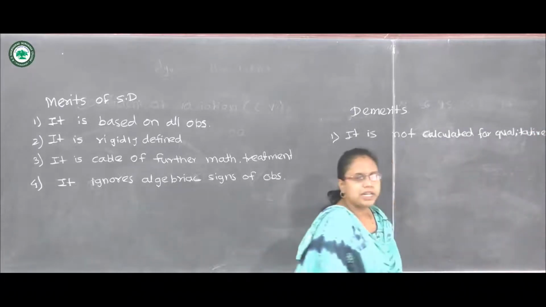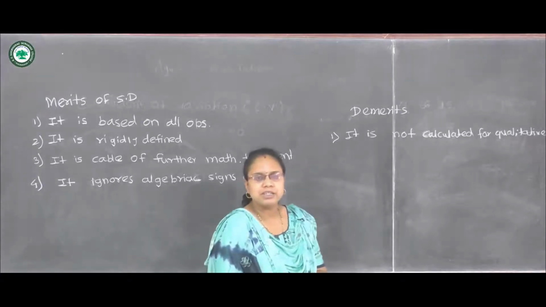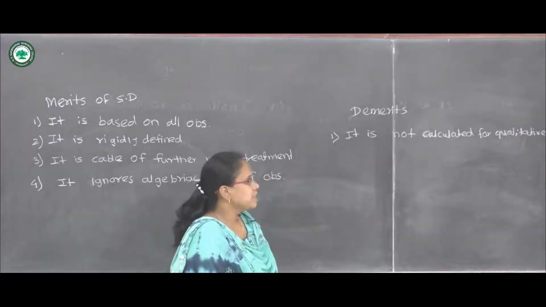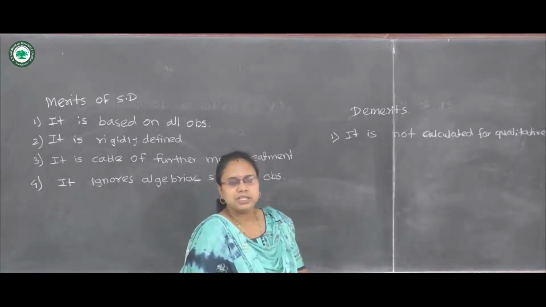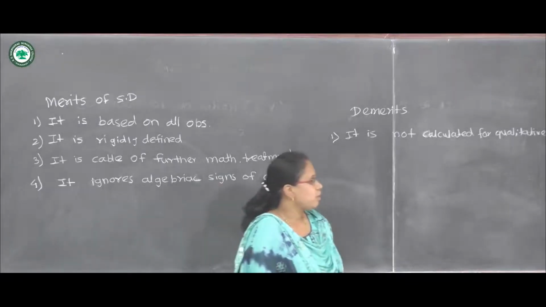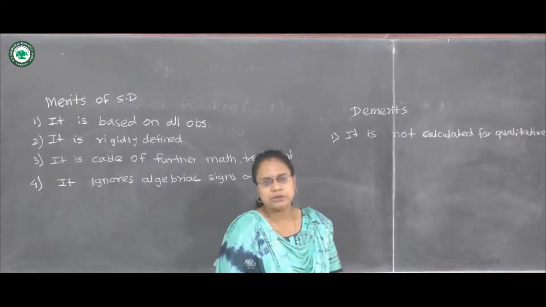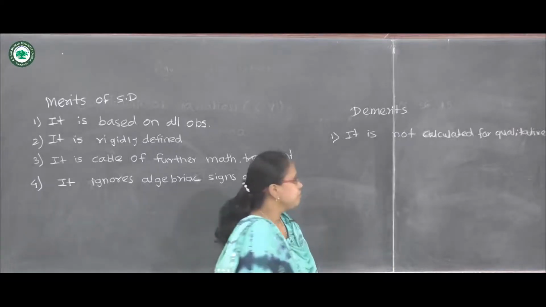Suppose the data are of attribute type, like gender or education level. In that case there are no numerical values of observations, so we cannot calculate standard deviation for it.